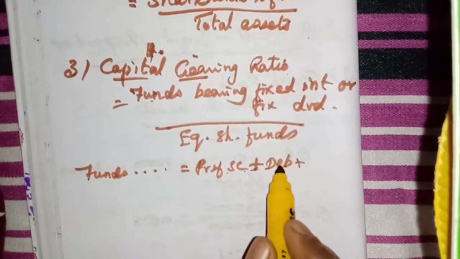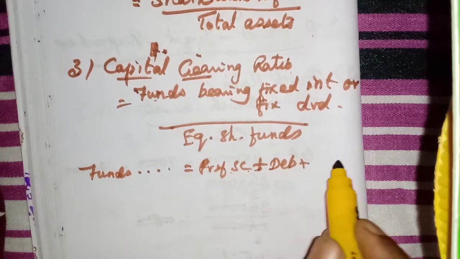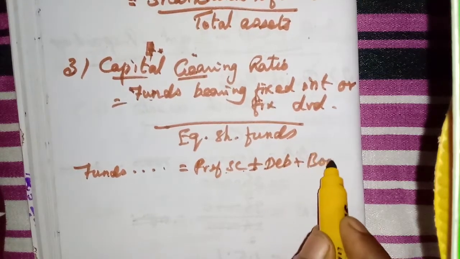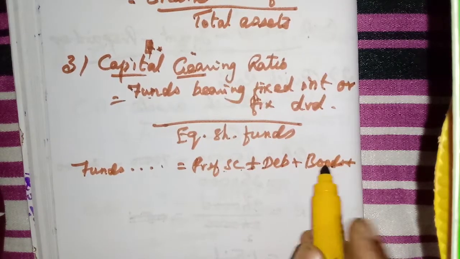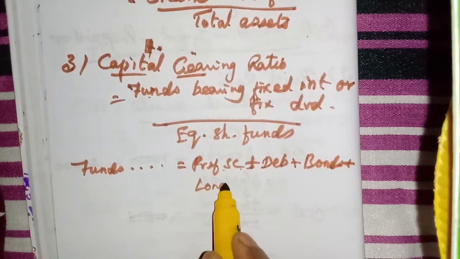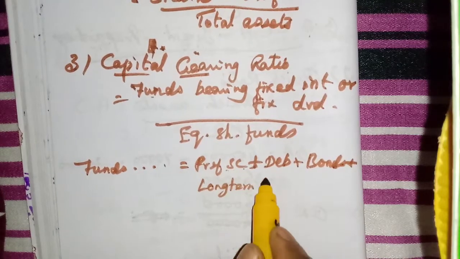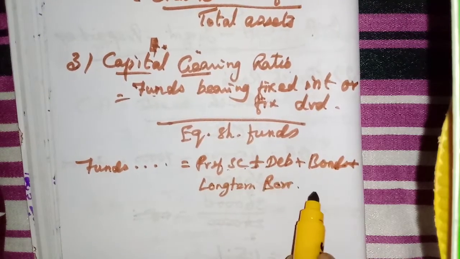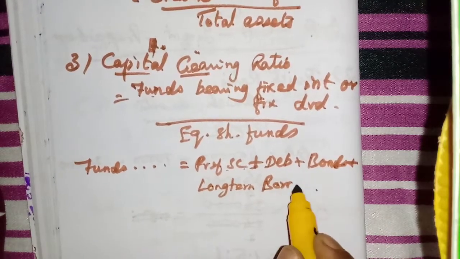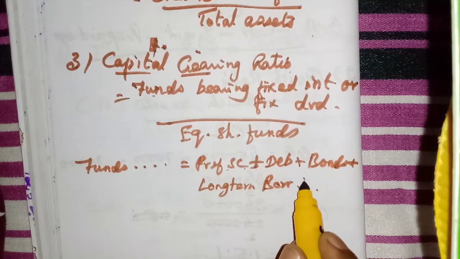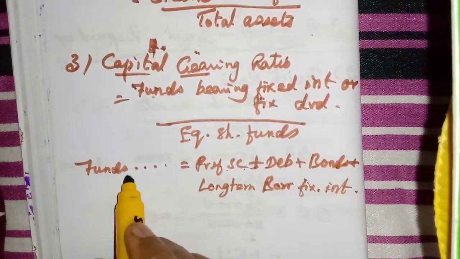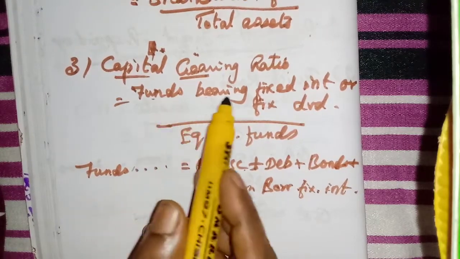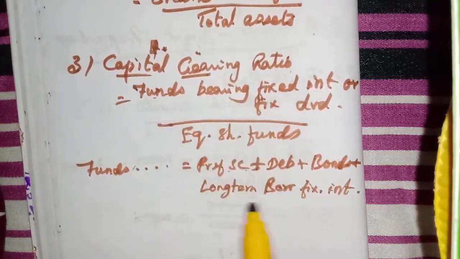For debenture also fixed interest should be given. Then any other bond, for that also we need to pay. Then any other long-term borrowings, loan having fixed interest, that means the interest rate will be given. They are called funds bearing fixed interest or fixed dividend.